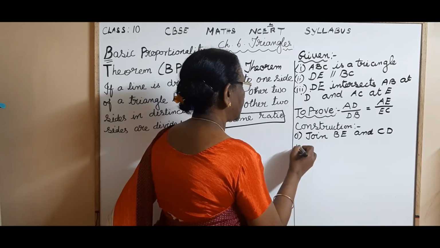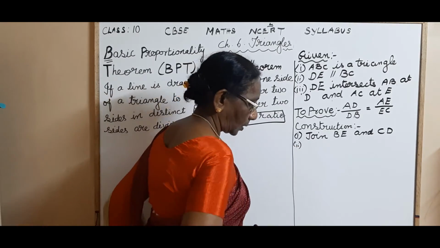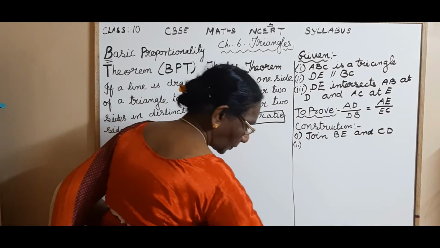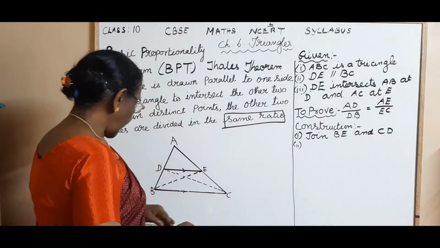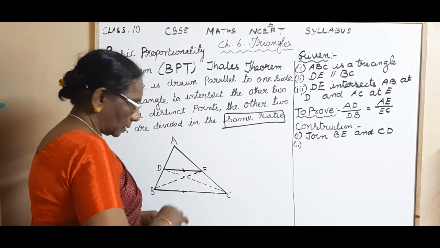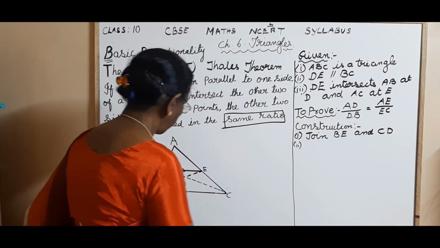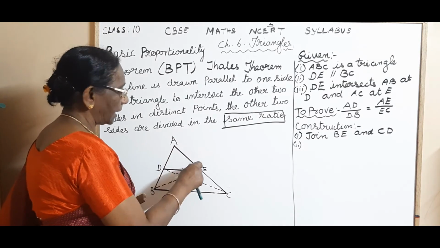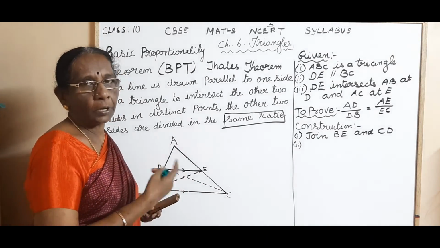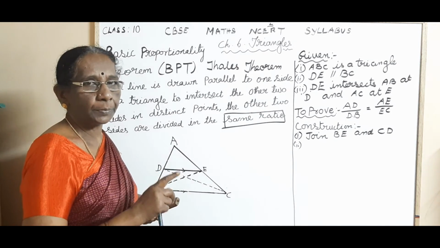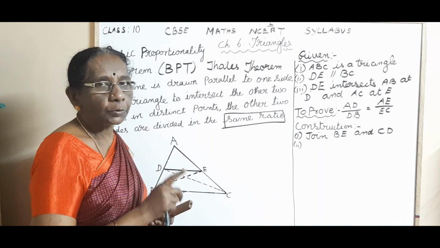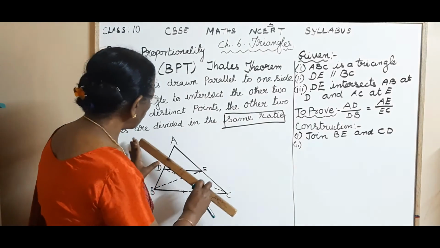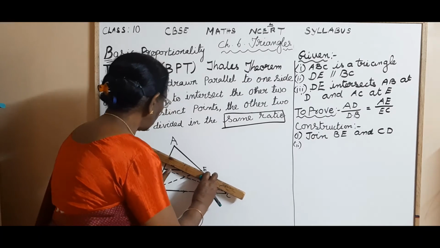Okay, now next construction. You have to draw two perpendiculars from D and from E. Why? Because we have to find the area of the triangle ADE. For that we are going to use the formula half into base into height. So we need the altitude, the height. That is why we are drawing the perpendiculars.